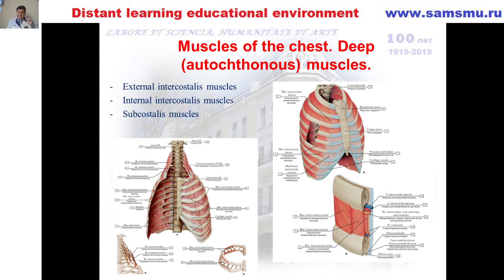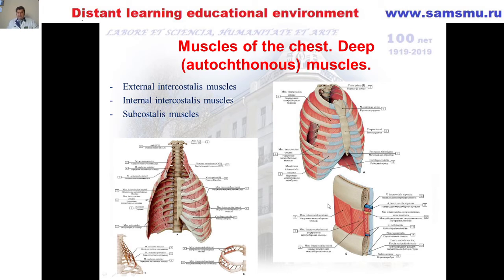In contrast to the external muscles, the internal intercostal muscles stretch between the costal cartilages and reach the sternum. Posteriorly, the internal intercostal muscles reach the costal angles and are further replaced by the posterior intercostal membrane, membrana intercostalis posterior, stretching between the posterior ends of the ribs. So you may see a part of the internal intercostal muscles here.